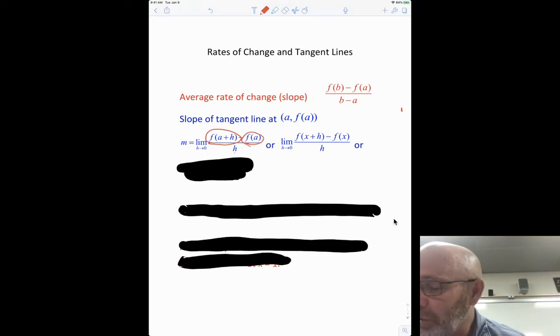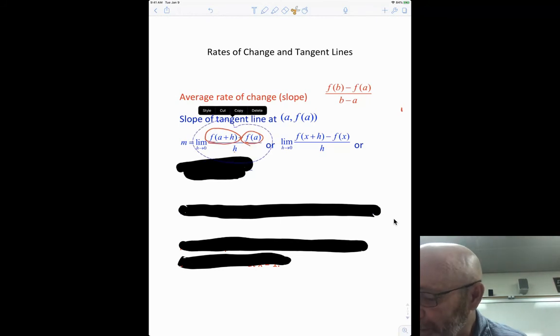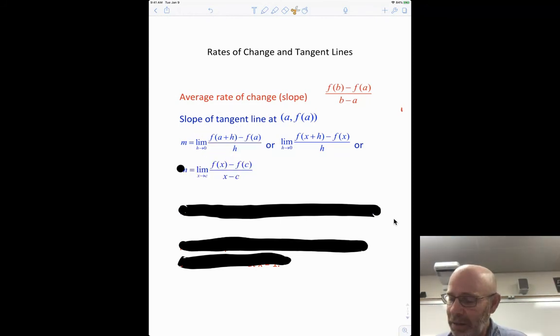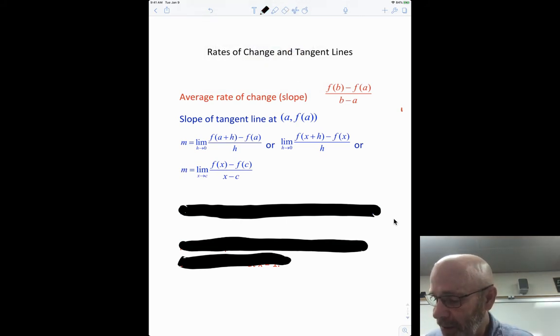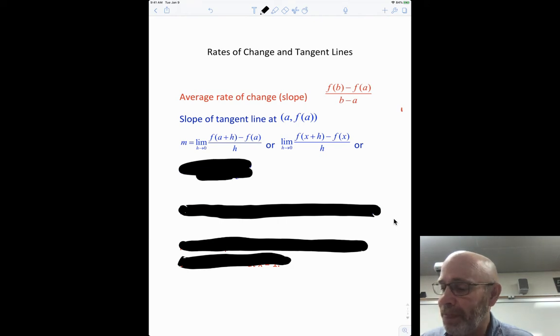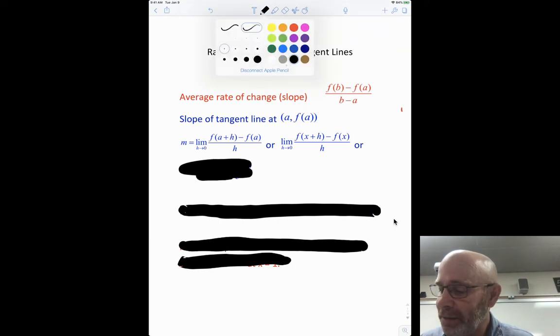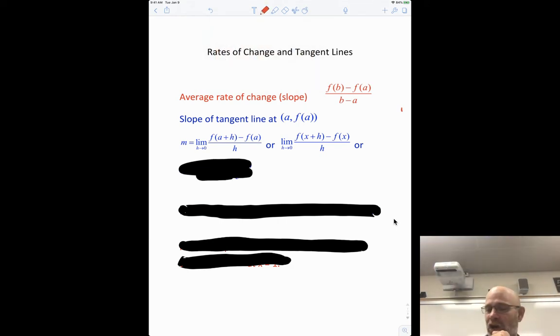There's other notations which we'll show you. So the slope m is equal to the limit as h approaches 0 of f of a plus h minus f of a over h. a is just a specific value.